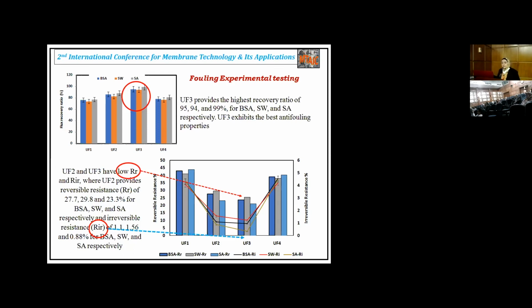Reversible resistance means that these membranes carry a cake of the foulant without penetrating the pores, so I can clean this membrane easily by backwash. While irreversible resistance makes a problem because the foulant can penetrate the pores, which means chemical cleaning is needed to remove the foulant from the pores.